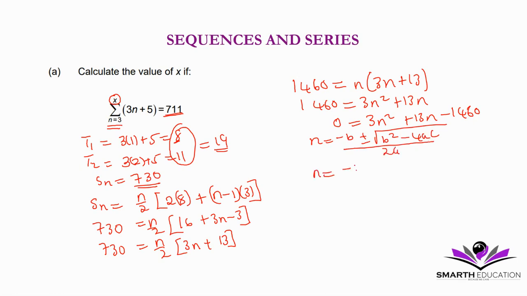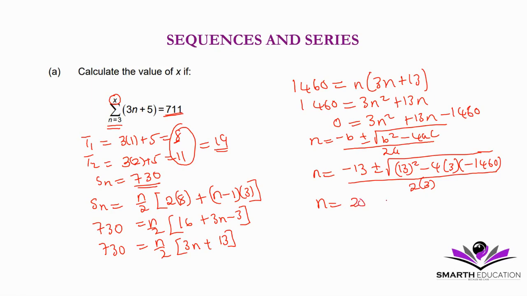N is equal to negative 13 plus or minus square root of 13 squared minus 4, a is 3, then negative 1460, all this over 2 times 3. Then we get that n is equal to 20, or n, we discard this one, then we remain with n is equal to 20. Therefore, x is equal to 20. That's another way of doing it.